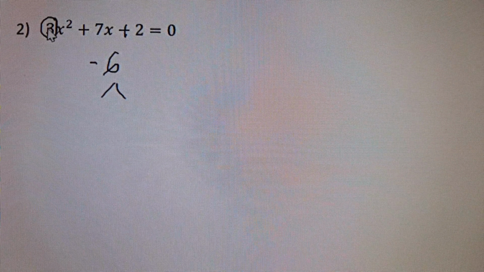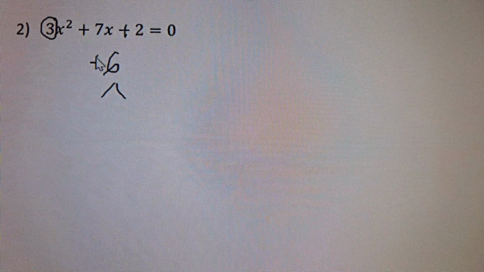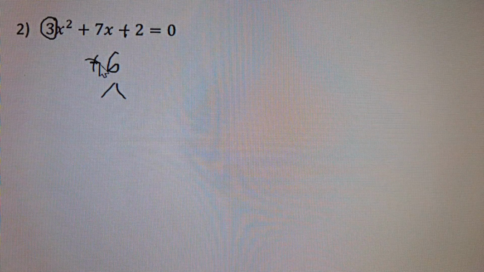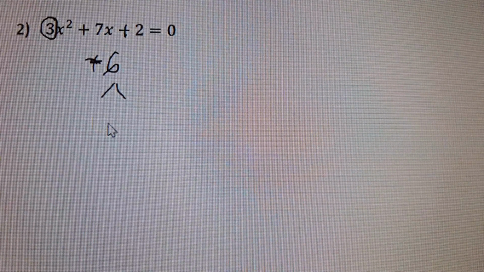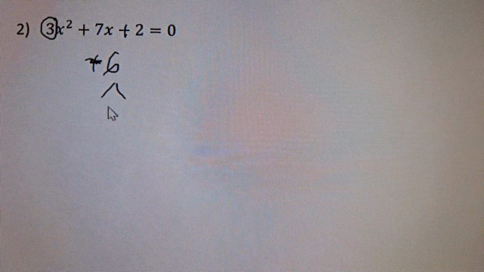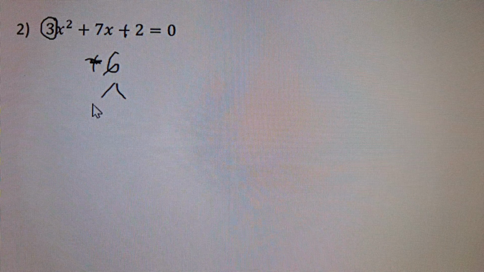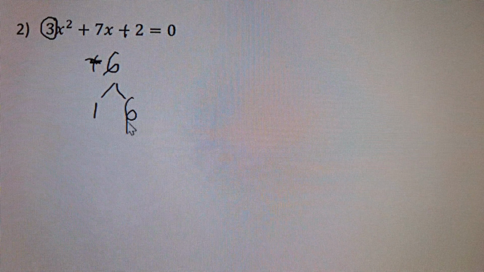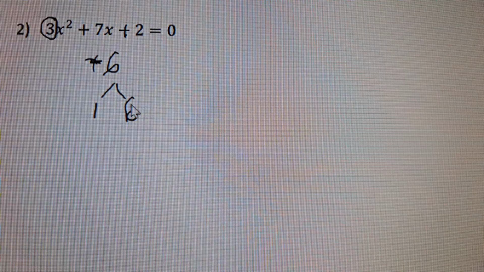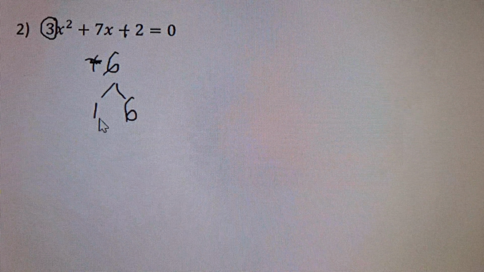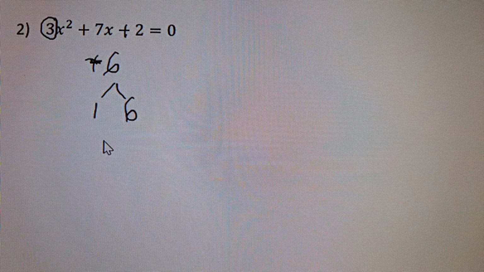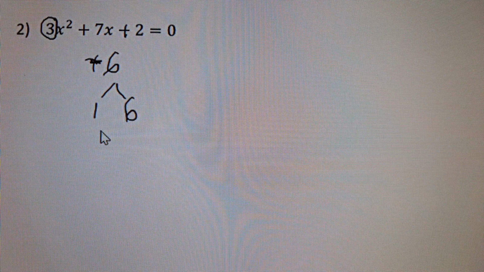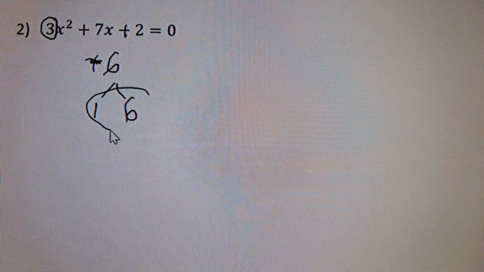So it's actually 3 times 2 is equal to 6. All right, so what are the factors of 6? Well, you could have 1 times 6. 1 times 6 will give you 6, wouldn't it? And how about when we add them? 1 plus 6 is equal to 7. So that means we're going to be using those factors.